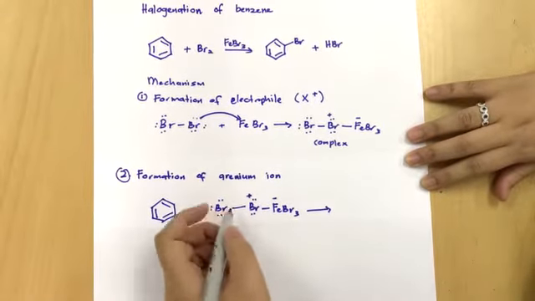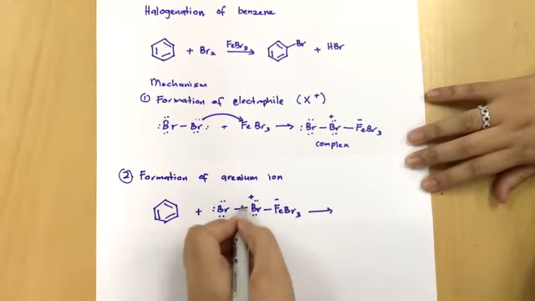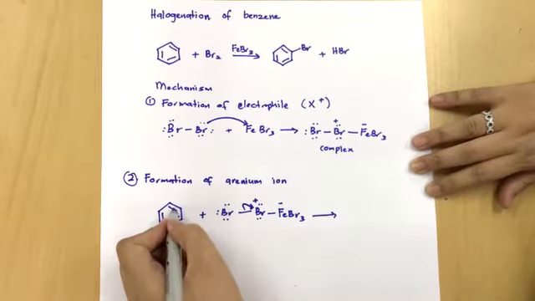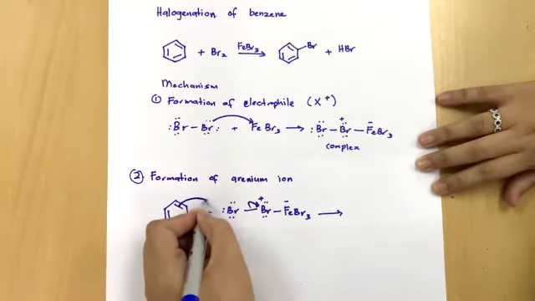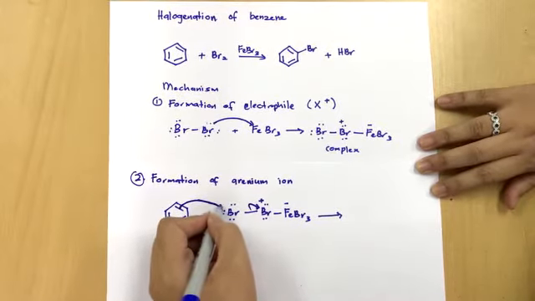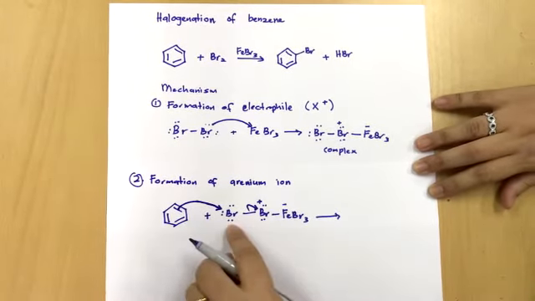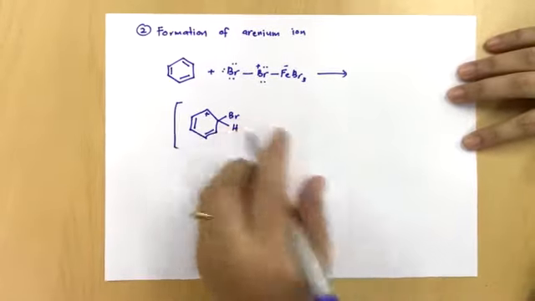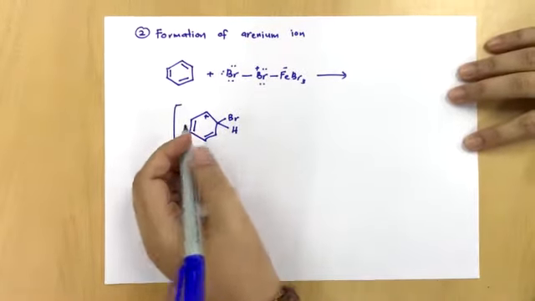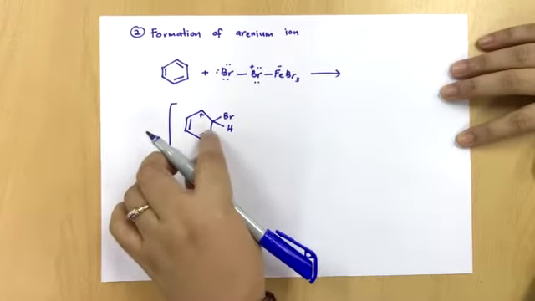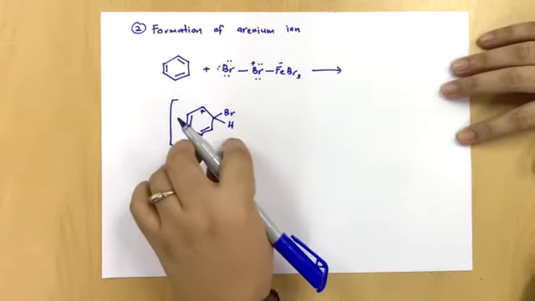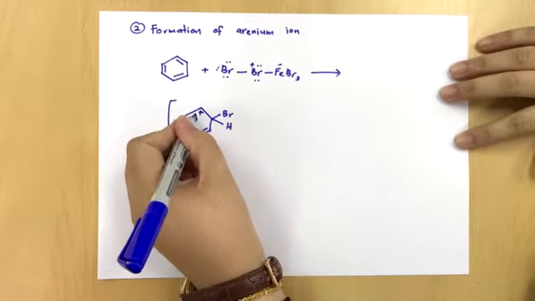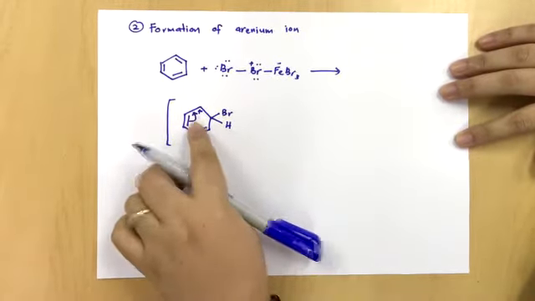So this arrow goes to Br, and the pi electron of benzene goes to the bromine. For the arenium ion, we have to draw 3 resonance structures because the pi electron will be delocalized. So the first one here, we show the arrows.